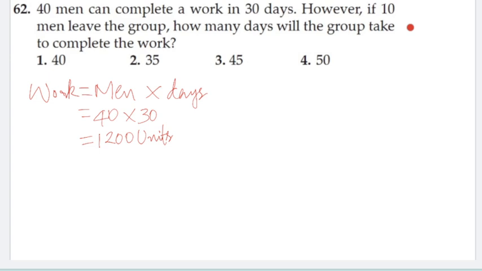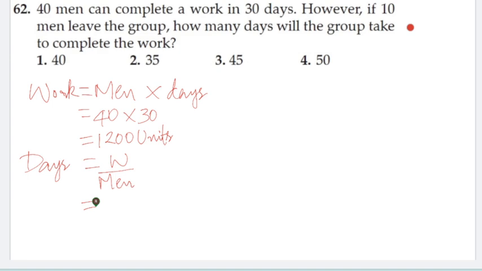In the second case, 10 men have left, so there will be only 30 men. So from this equation we have to find out the days in which they get the work done, right? So days will be equal to work by number of men. So the work is same, but the number of men has changed, right?